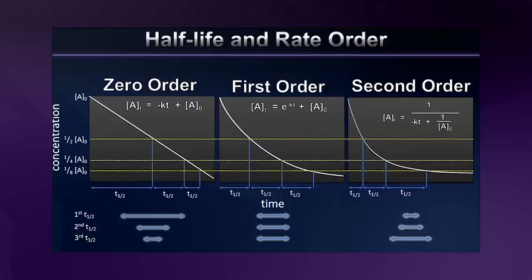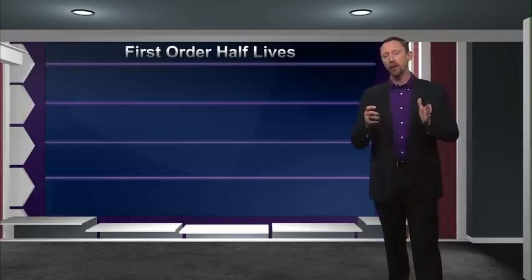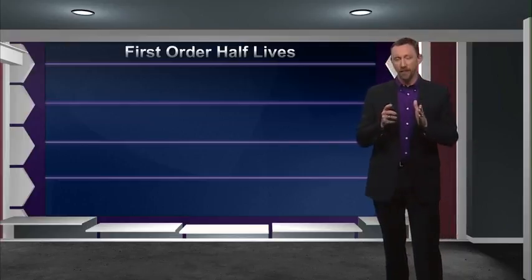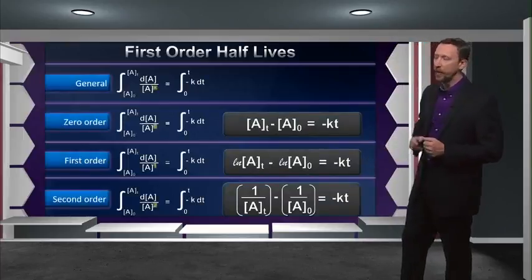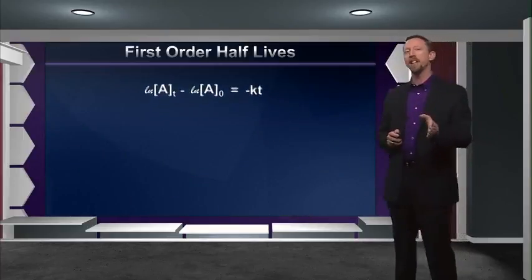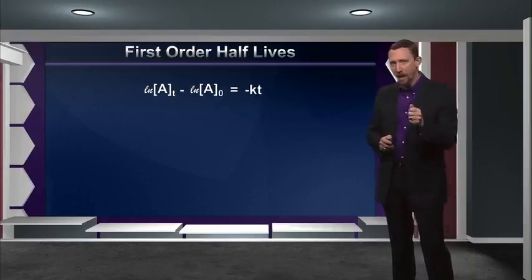This is what makes half-lives of first-order processes like radioactive decay so useful in measuring time. So let's think about just first-order half-lives now that we understand the significance of first-order processes. I'm going to take my first-order integrated rate law and show you mathematically that it should not matter how much material we start with. We should always have the same half-life.